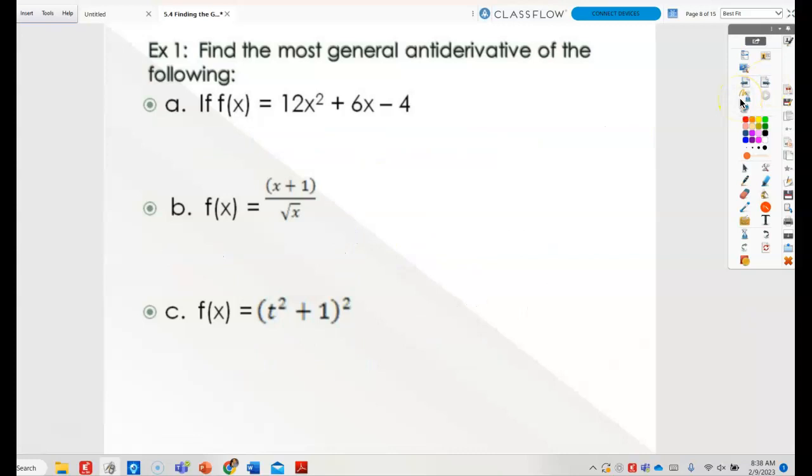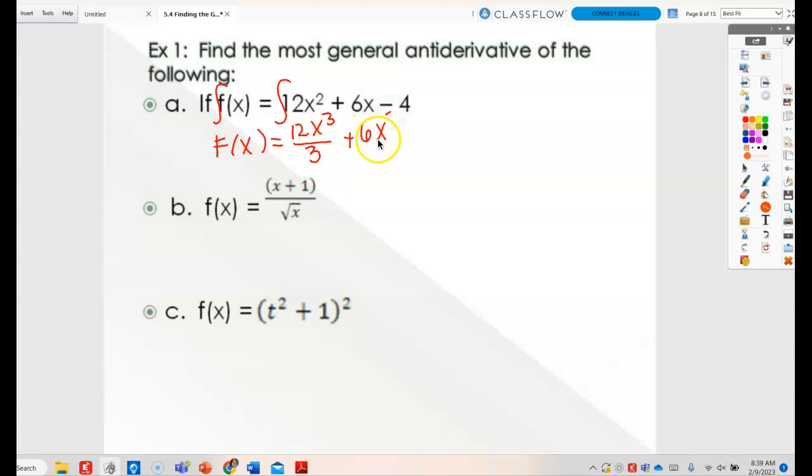Okay, so now what we're going to do is find the antiderivative of our functions. So we're finding them in general. So antiderivative is simply to integrate. You're integrating without bounds. So we would say that capital F of x is equal to, and again, constant stays, add a power, divide by your new power.